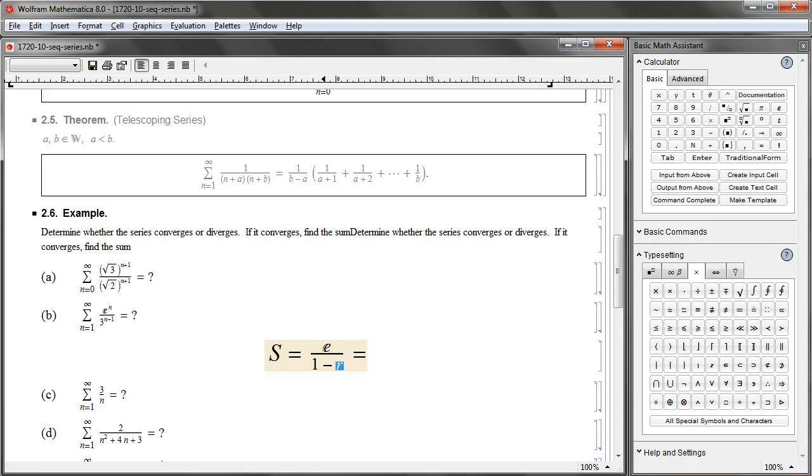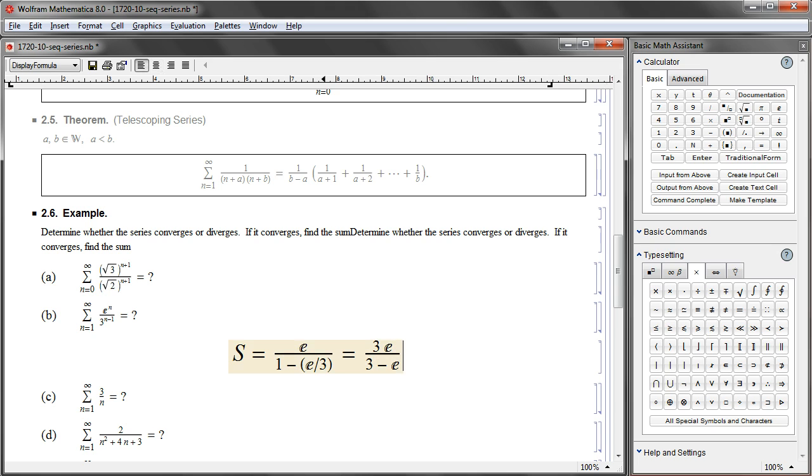What is r? What is the value that keeps being multiplied? It's e over 3. And then that's the answer. But if you want to simplify, then you can multiply 3 to both numerator and denominator. You can express 3e over 3 minus e, if you will.